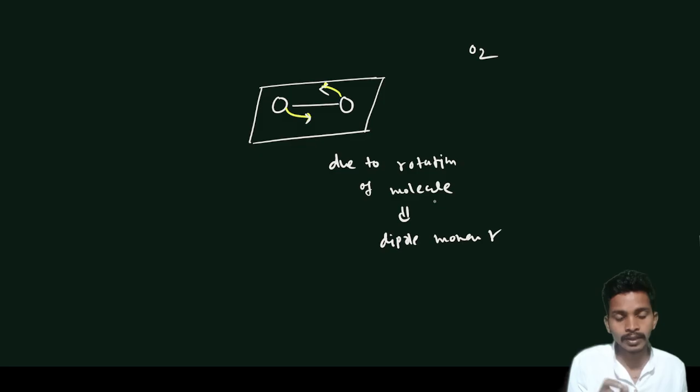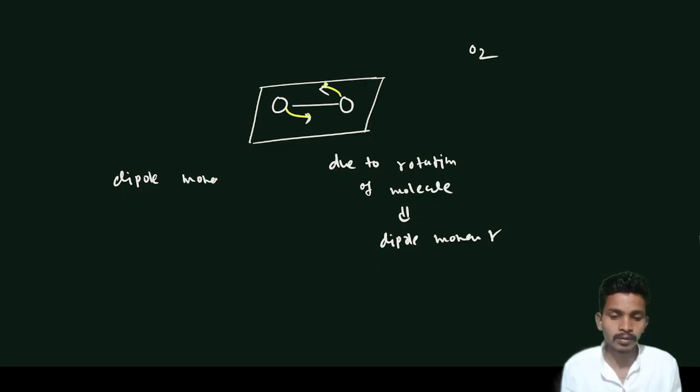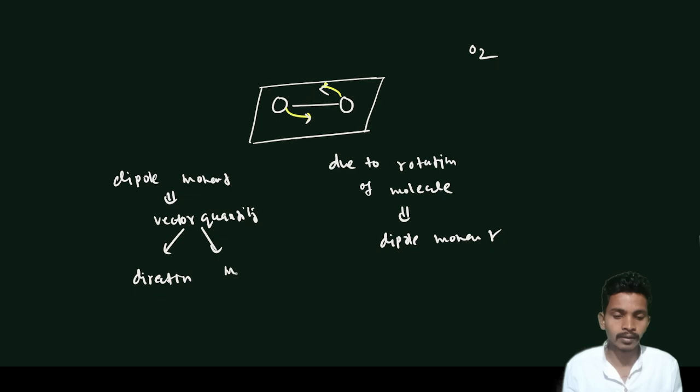Since dipole moment is a vector quantity, and a vector quantity has both direction and magnitude, if either the magnitude or the direction changes, then the dipole moment will change, because this is a vector quantity.